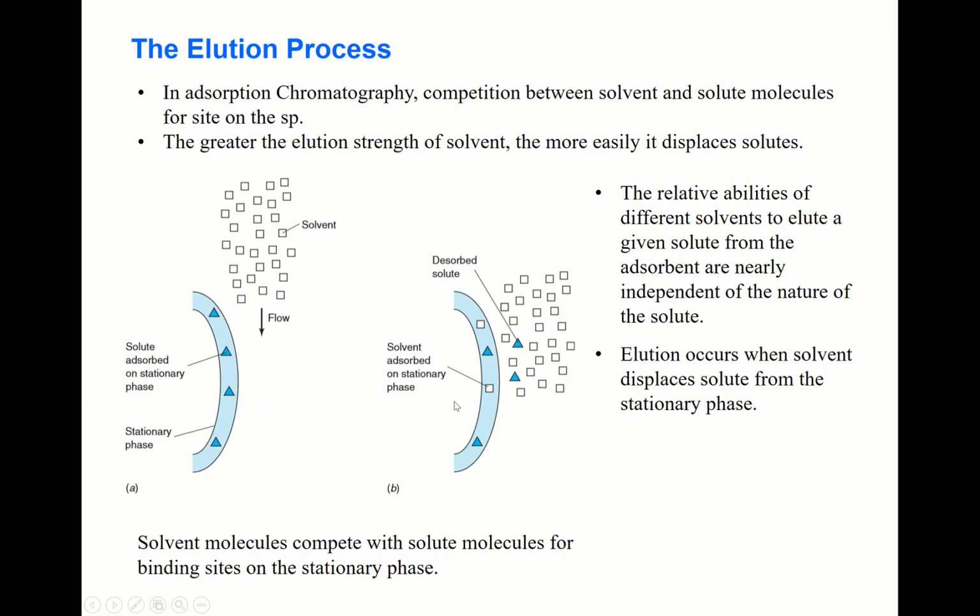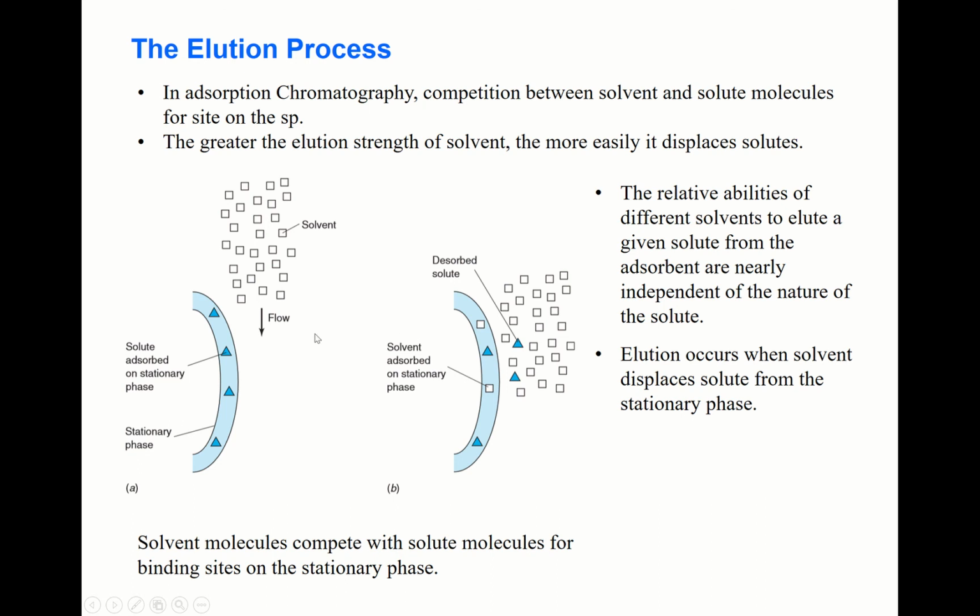The relative abilities of different solvents to elute a given solute from the adsorbent are nearly independent of the nature of the solute. Elution occurs when solvent displaces solute from the stationary phase.